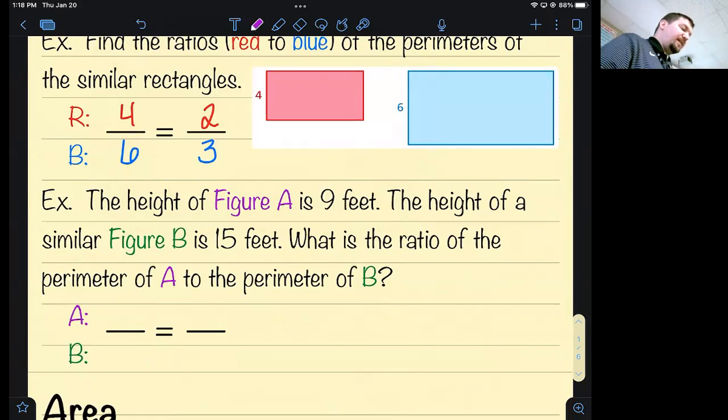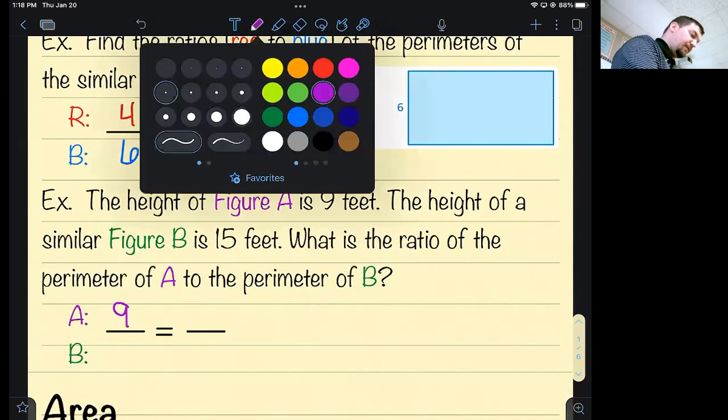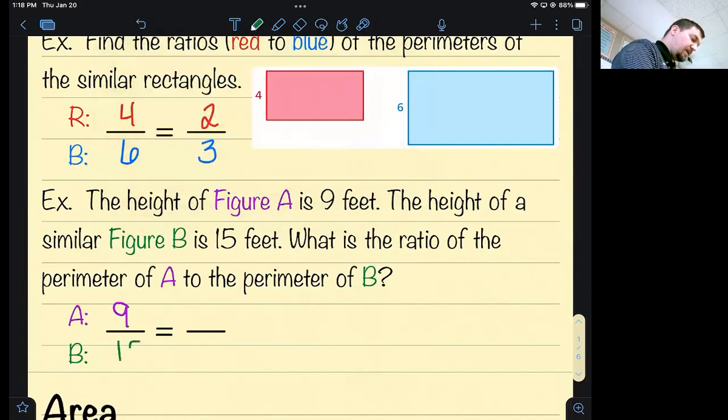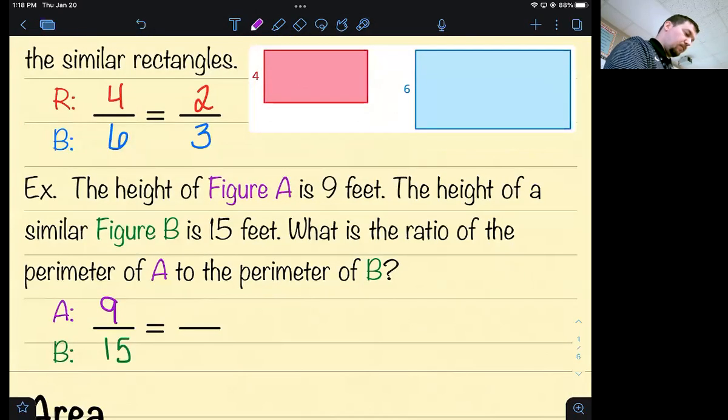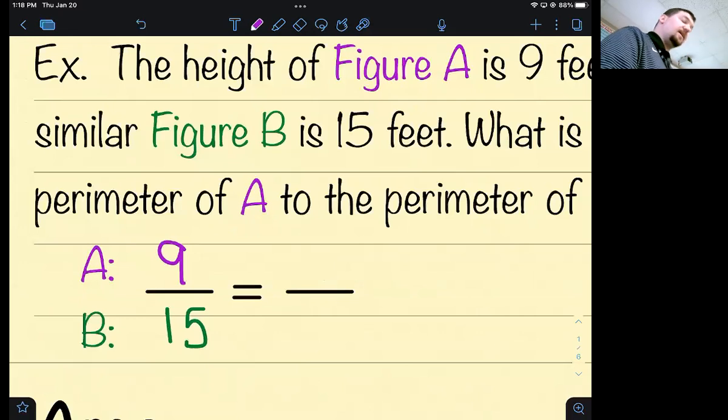Carter, what's the height of figure A? Okay. And what's the height of figure B? 15. 15 feet. And Carter, what would 9/15 reduce to? Because I should always try to reduce my ratios. Does it reduce? It does. Yes. There's a number that goes in a 9 that also goes in a 15. 3. Yes.